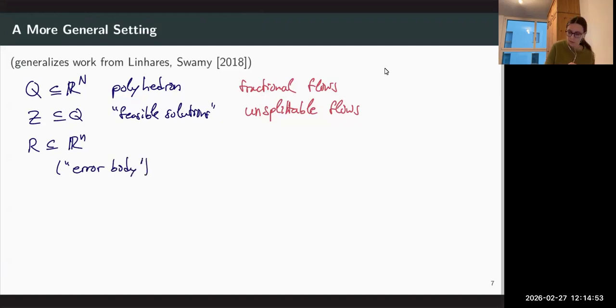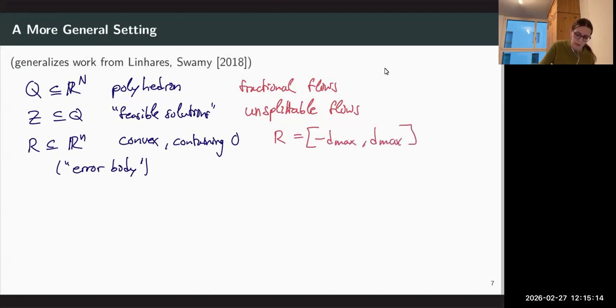The role will become clear in a moment. This R is in general just some convex body containing the origin. In our case, R will just be equal to the cube from minus d max to plus d max to the A. So this will be our error body R.